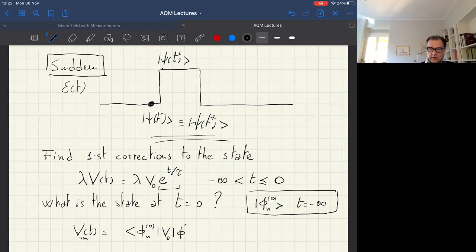This is something given that you don't need to know. So find the first order correction to the state. Is the exercise clear?